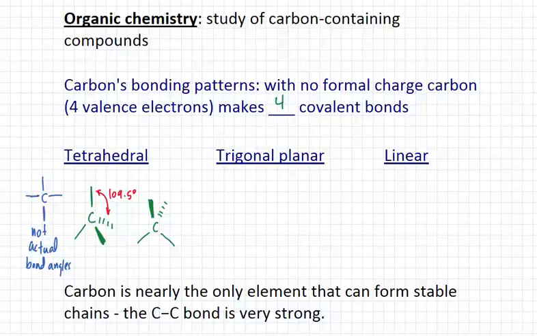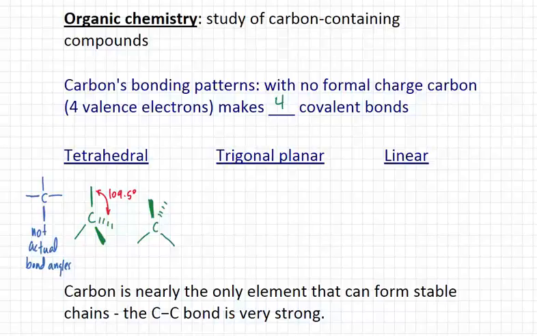Okay. So, tetrahedral carbon makes 4 single bonds, 109.5 degrees apart from each other. Okay. Trigonal planar carbon would be a carbon that's attached to 3 atoms. So how do you attach carbon to 3 atoms when it has to still have 4 bonds? 2 single bonds, 1 double bond.